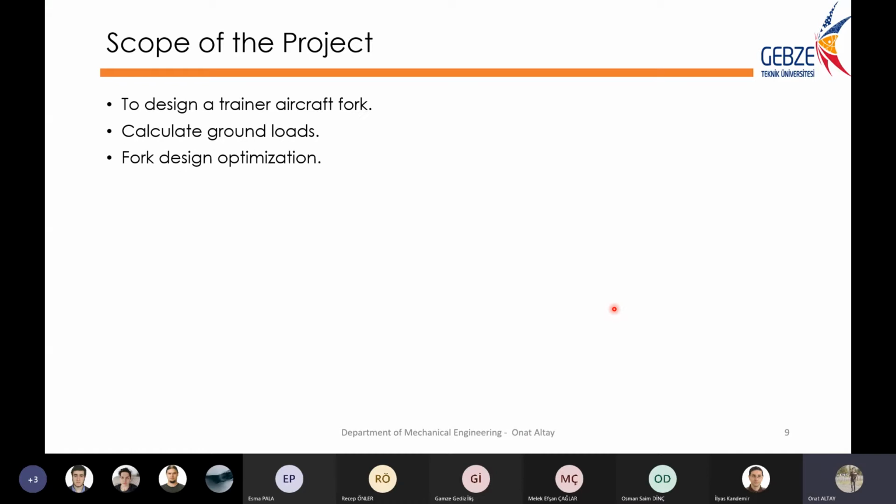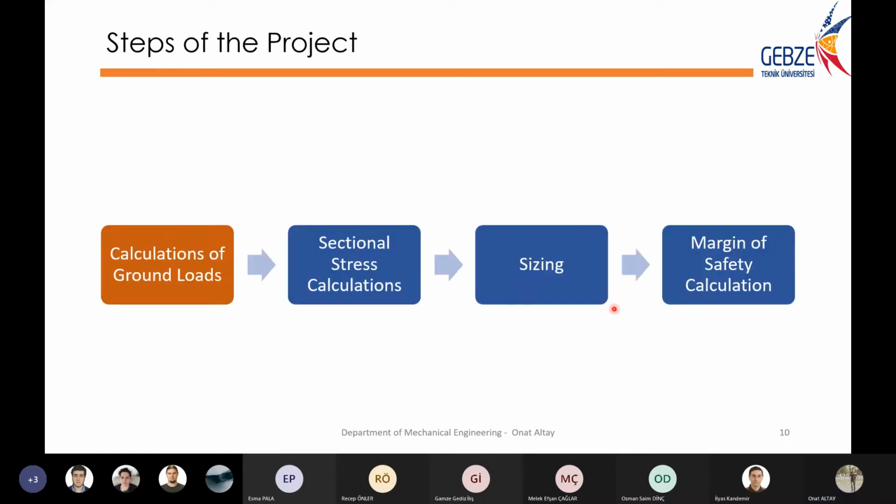The scope of this study is to design a trainer aircraft's nose landing gear fork and perform a structural analysis based on hand calculations. For the structural analysis, I will use ground forces that are described in standards. And finally, I will perform an optimization to find the optimum sizes.